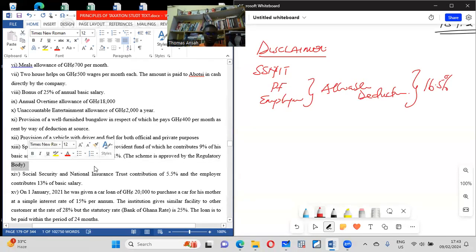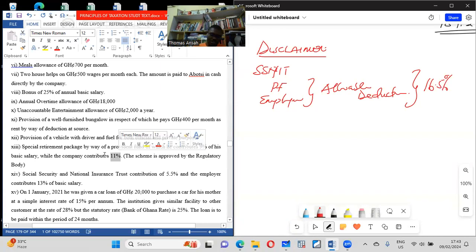So in this question, I wouldn't have added, but it says that the scheme is approved by the regulatory authority. It's approved, but you could see that he is doing 9%. So if the question didn't say this, the only part that you would have been allowed is 16.5 minus the 9. So we would be deducting only 7.5%. But they said this scheme is approved.